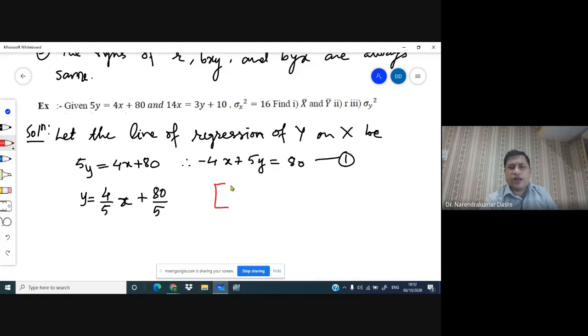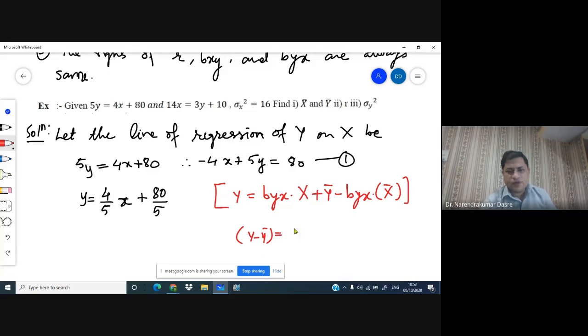Now, what we know is the line of regression of y on x is y is equal to byx into x plus y bar minus byx into x bar. Okay. So this is the line of regression. If you simplify this, y minus y bar is equal to byx into x minus x bar. Simplify this and you will get this one.